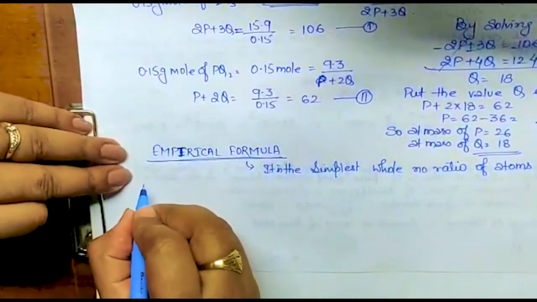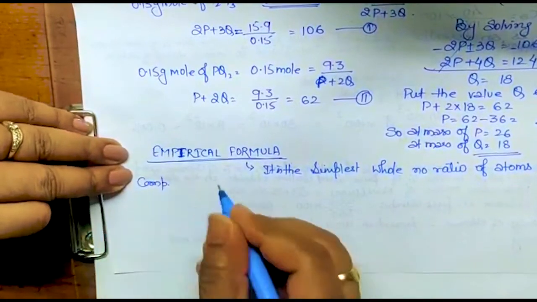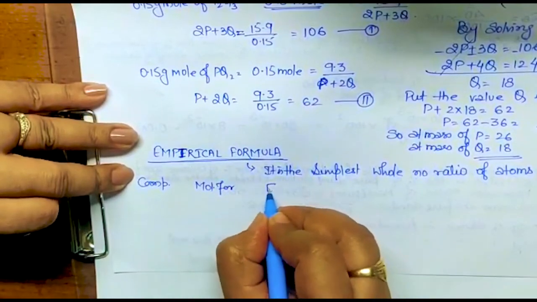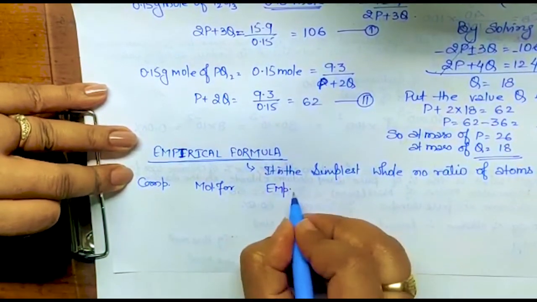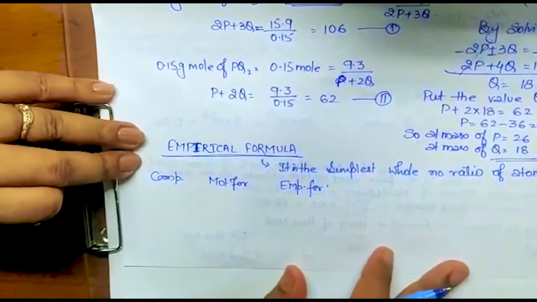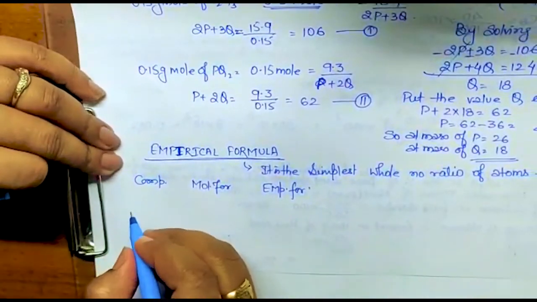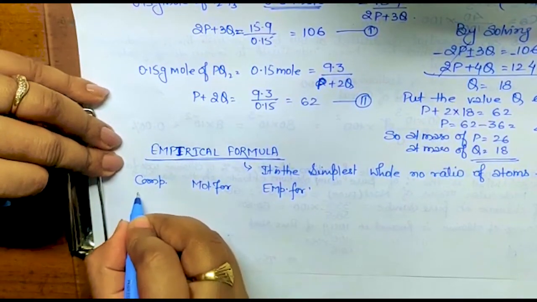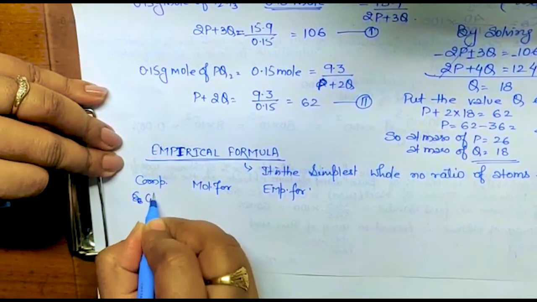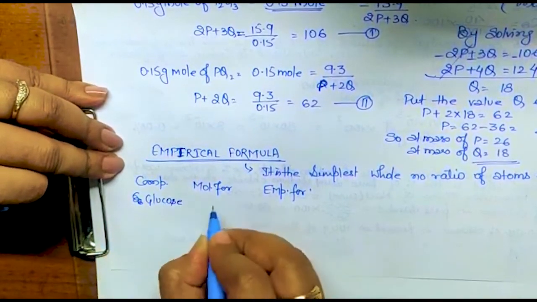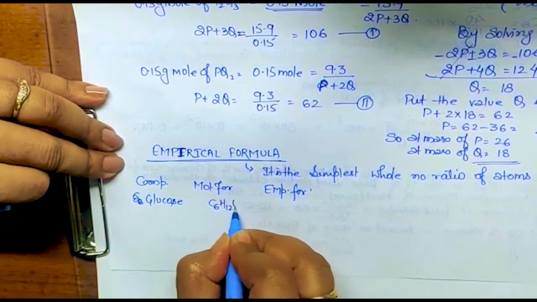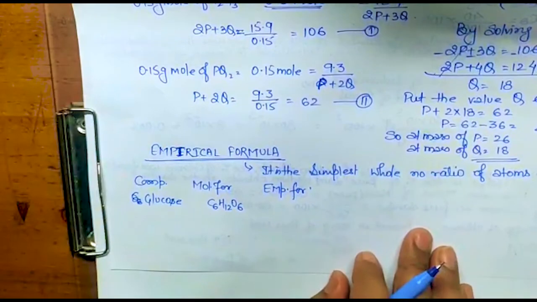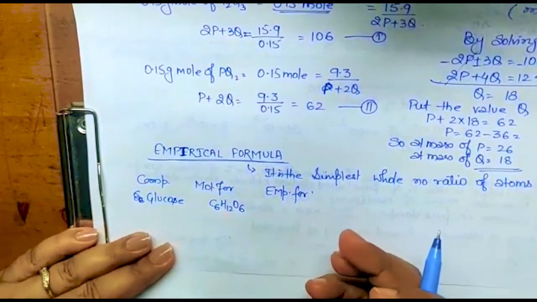So let's see a few examples. Suppose I'm writing here the compound, their molecular formula which we know, and their empirical formula. First, glucose. What is the molecular formula for this? C6H12O6. So what will be the simple ratio? We can take the common 6, okay?